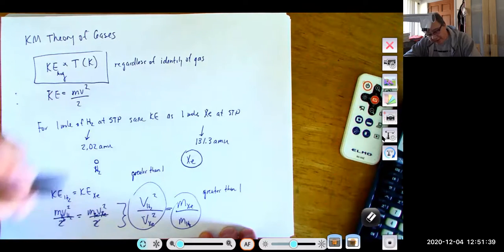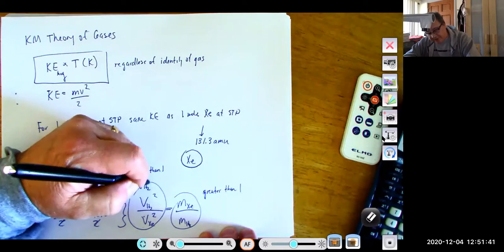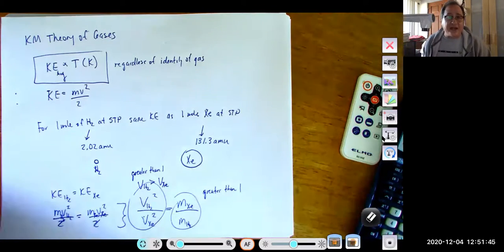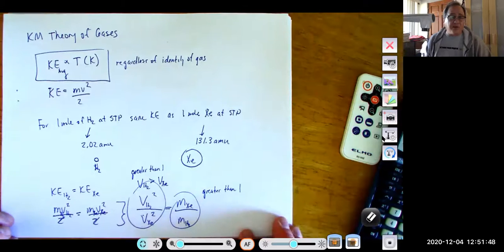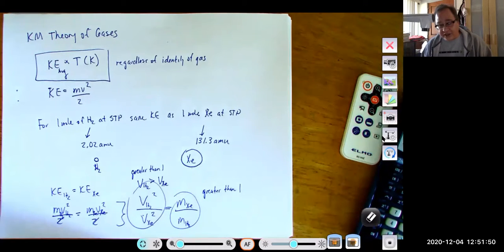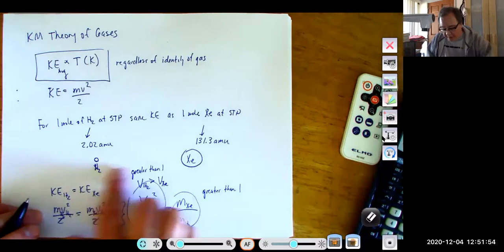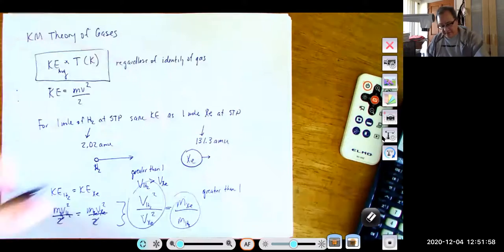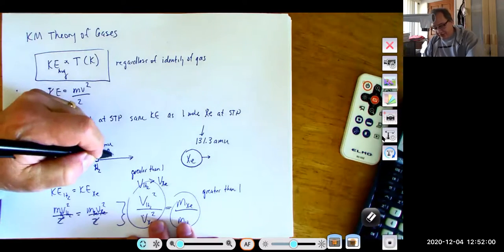So that means that the velocity of H2 has to be greater than the velocity of xenon. That's how they have the same kinetic energy: smaller molecules are moving faster and bigger ones are moving more slowly. So how am I going to show that up here? Fast, slow.